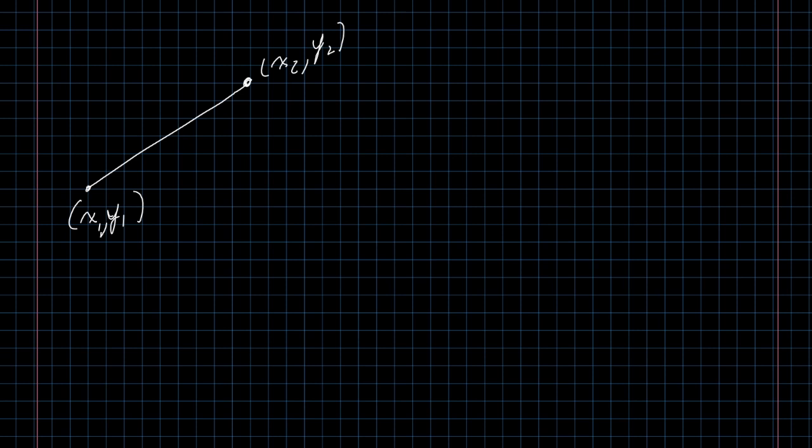The centroid of a line sometimes is referred to as the midpoint. And you have seen the midpoint formula at some point in the past, I am sure. It says that the x-coordinate is x1 plus x2 over 2, and the y-coordinate is y1 plus y2 over 2.